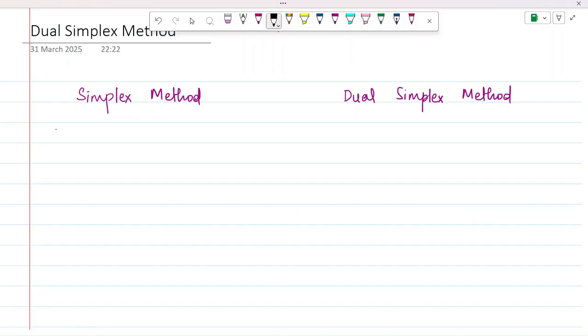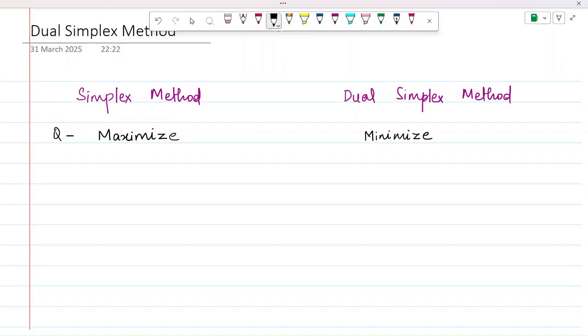Here the question was always of the maximization kind. If it is not maximization kind, you converted it by multiplying by -1. Okay, maximize. This was the type of question. Here the question will always be minimize.